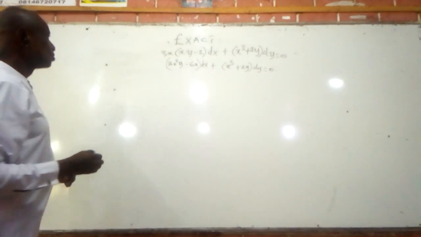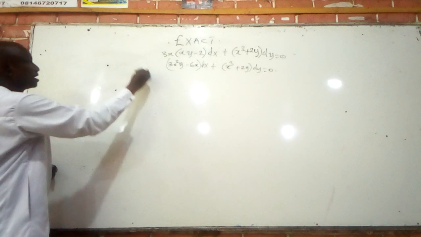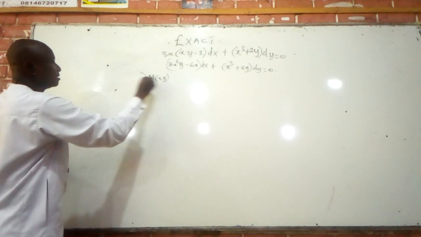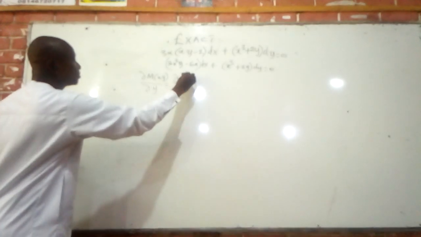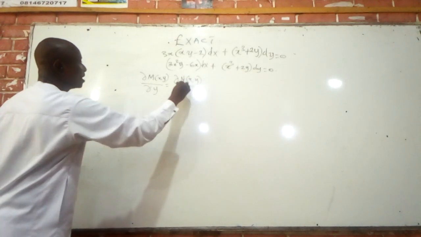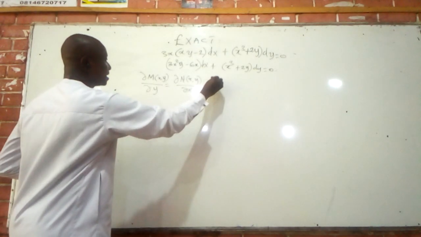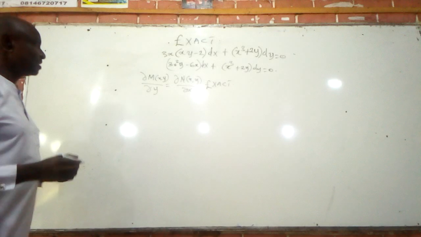Based on the rules of exact equations, ∂M(x,y)/∂y is usually equal to ∂N(x,y)/∂x. Once they are equal, it is said to be an exact equation. So we have to test for exactness first before solving.